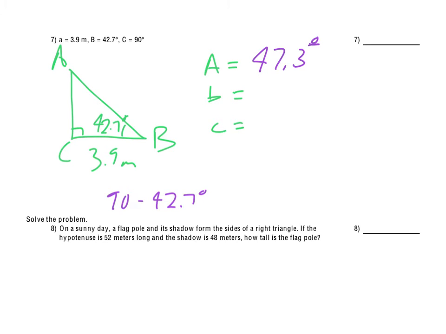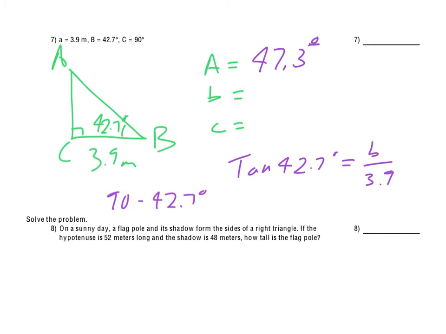I guess I could use angle A, it's just as accurate, but I'll work with B since that was given. Side B is opposite of angle B, and I have the adjacent side, so the trig function using opposite and adjacent is the tangent. So tangent of 42.7 degrees will equal the opposite side, B, which I don't know, over the adjacent side, A, which I do know.